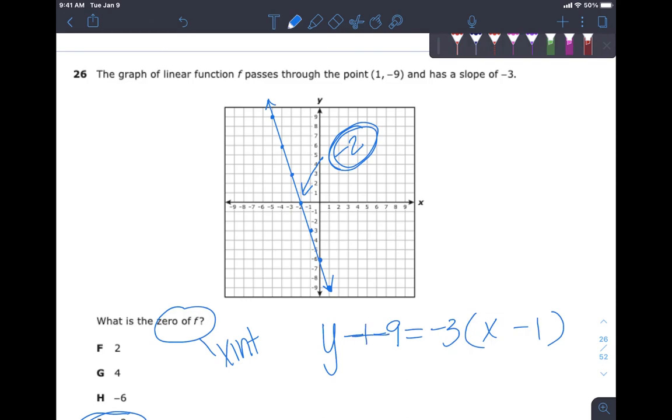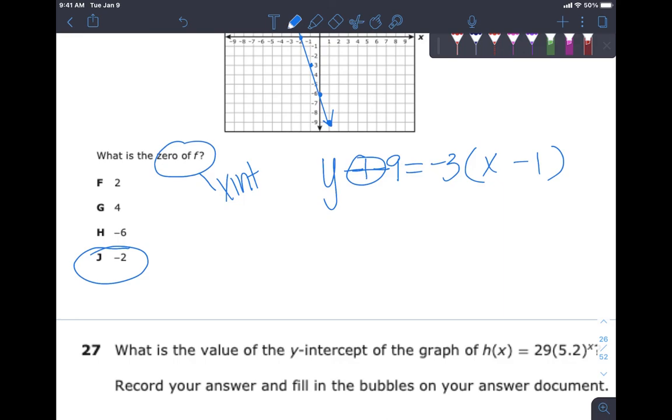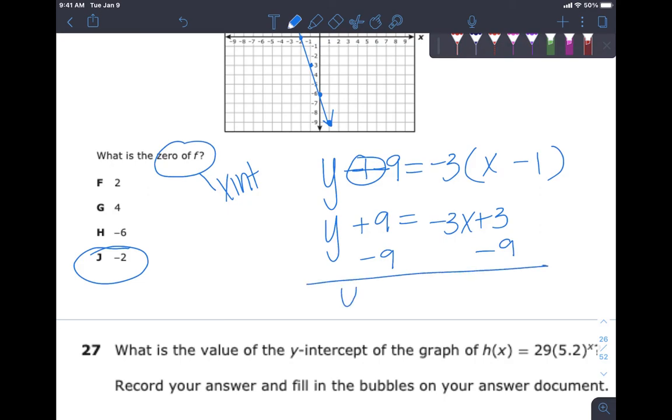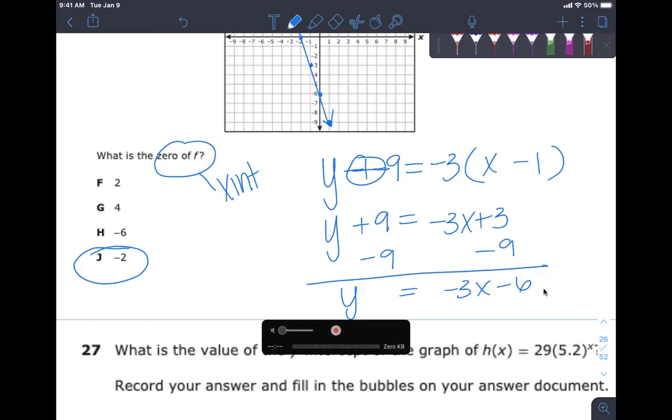Okay, two negatives make a positive. And now I'm going to start simplifying and rearranging to make it look like y equals mx plus b. So notice negative 6, negative 6. So that's consistent. That is correct.